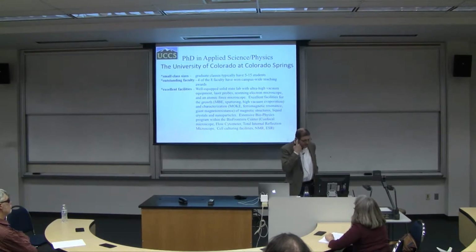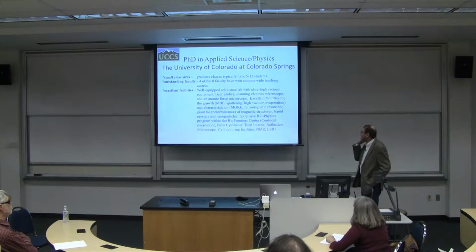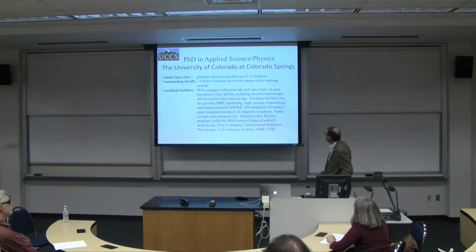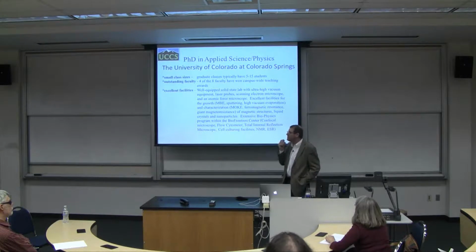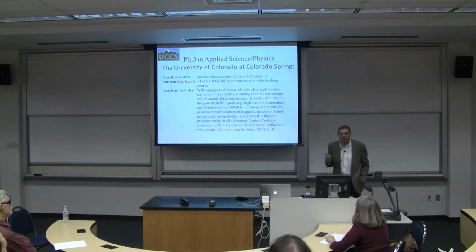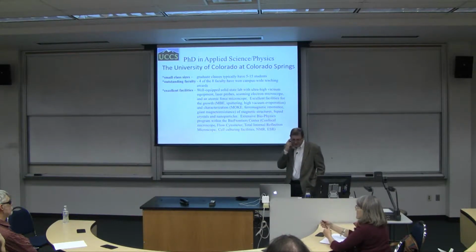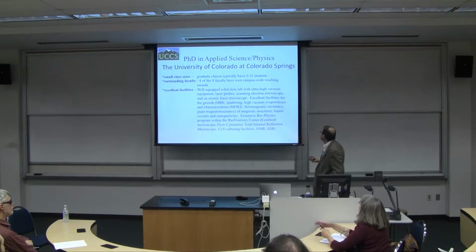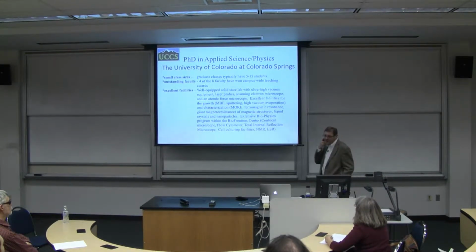What is really good in our case is that we have very small classes. Typical graduate classes are between 5 and 15 students. To give you an idea, I'm right now teaching the second semester of solid state physics, and I have 4 students in my graduate class. So you're going to get a lot of attention from the professor. Our faculty are fairly widely recognized as good teachers, and we really have excellent facilities.